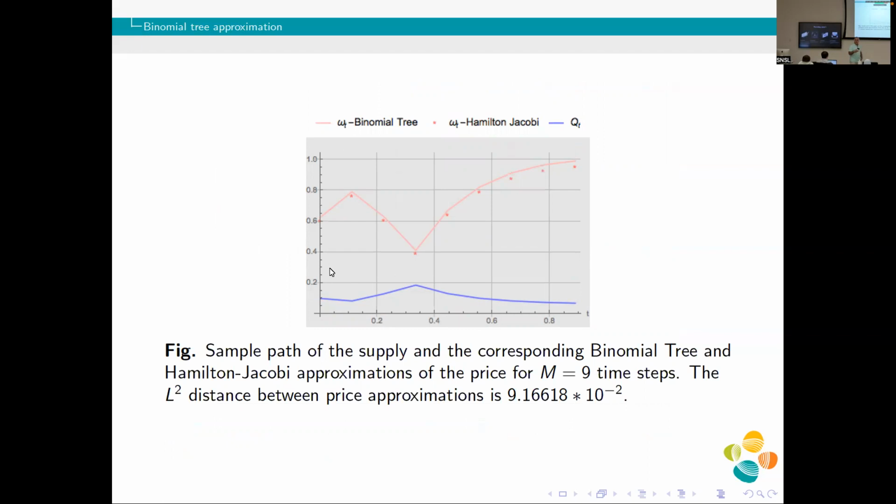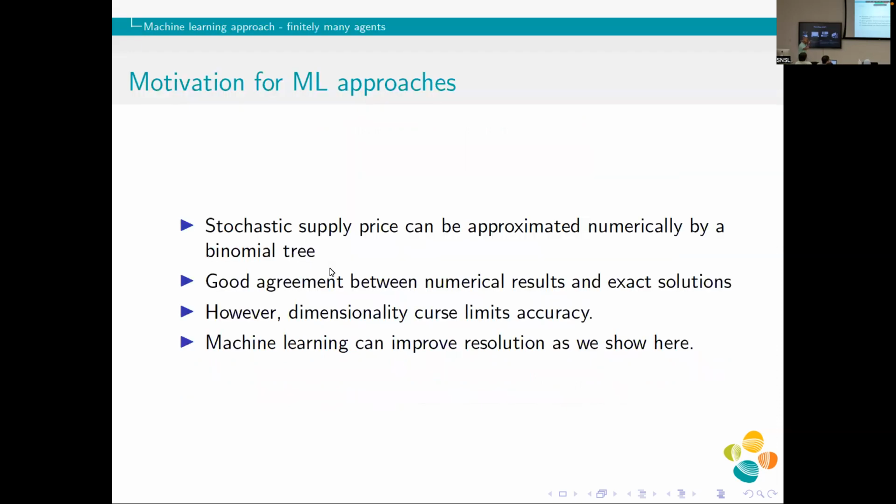And then we were discussing, should we improve the code and make it run for 12 or 13 time steps, or should we do something else? And I think we decided to do something else. Now, while the stochastic supply can be, at least as far as our limited evidence goes, approximated with these binomial trees, in fact, you have good agreement.